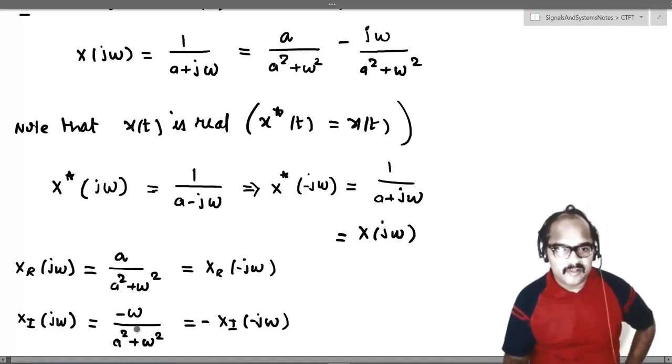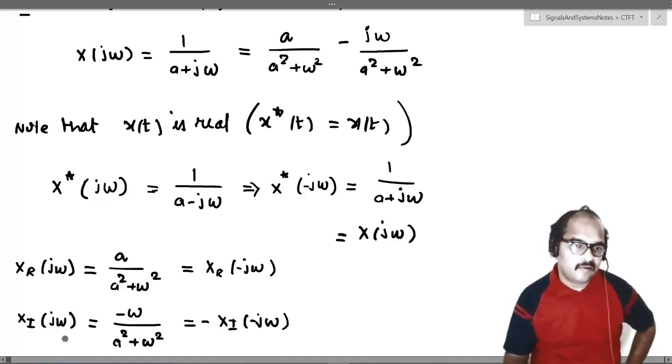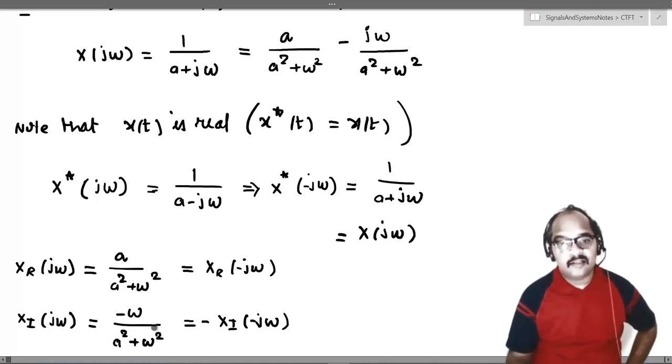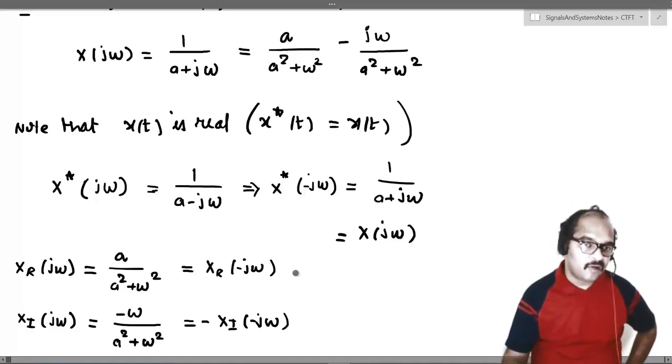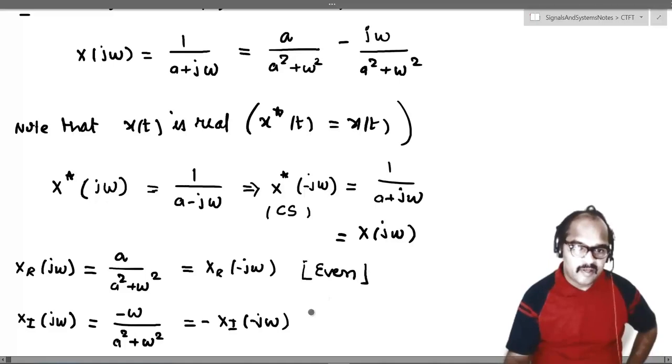Replace omega with minus omega, and finally you multiply with minus 1, so you will get back xi of j omega. This implies the imaginary part is odd. What have we got here? We got that the Fourier transform is conjugate symmetric, the real part is even, and the imaginary part is odd. Now let us talk about magnitude.